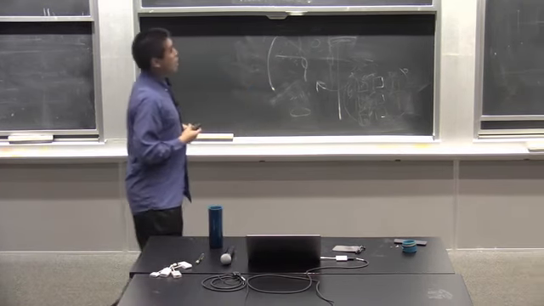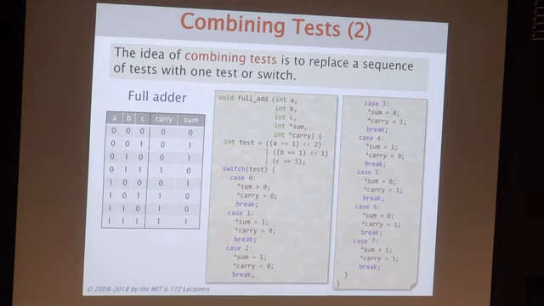So here's a better way to write this program. We're going to replace these multiple if-else clauses with a single switch statement. And what we're going to do is create this test variable that is a 3-bit variable. We're going to place the C bit in the least significant digit.